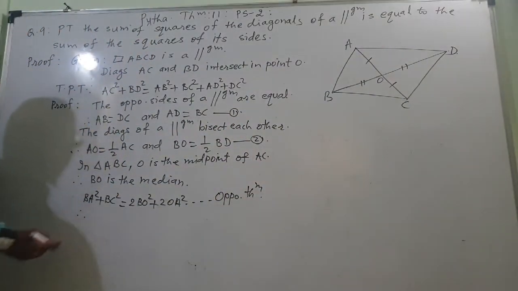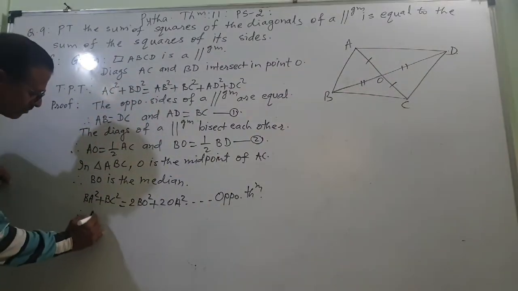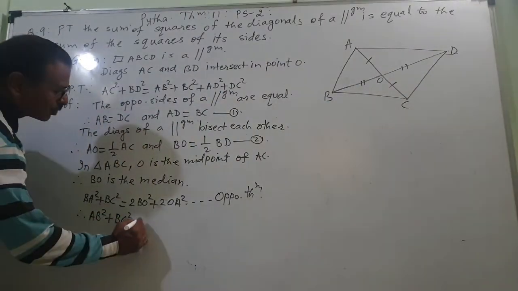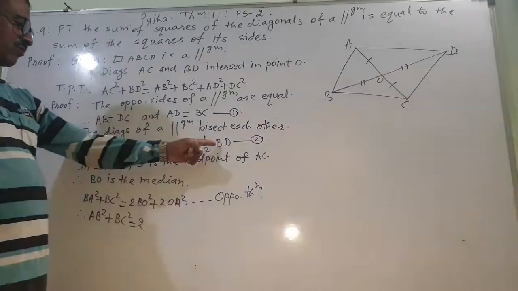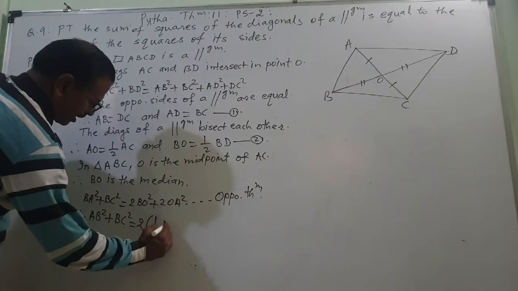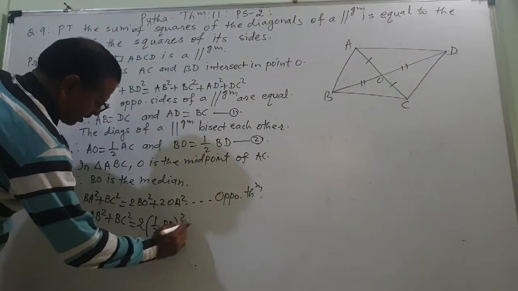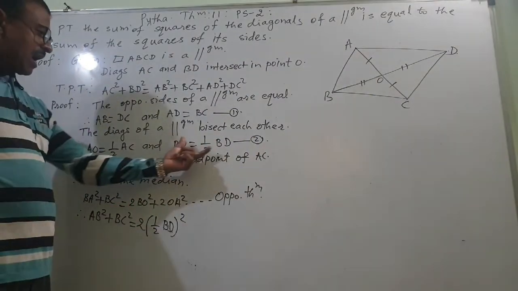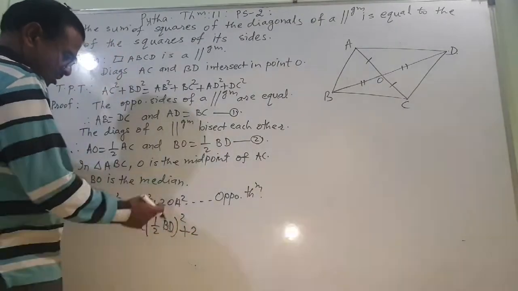Therefore, this I will write properly. Here I have written AB, so I will write this AB square plus BC square is equal to 2. What is BO? BO is equal to half of BD. So here I will write half of BD, half of BD square, plus 2 times of this OA.